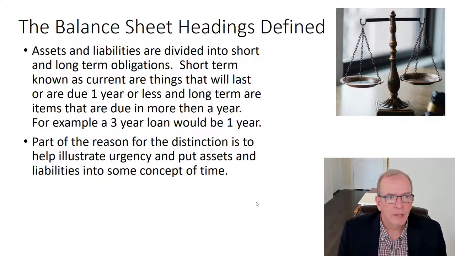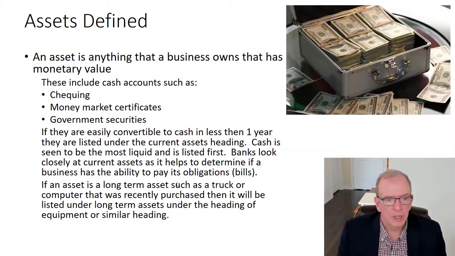So assets and liabilities are divided into short-term and long-term, current or long-term. And it really looks at the urgency from that perspective. Assets are defined, as I mentioned, by things like cash, the types of cash, government securities, and how convertible something is into cash.